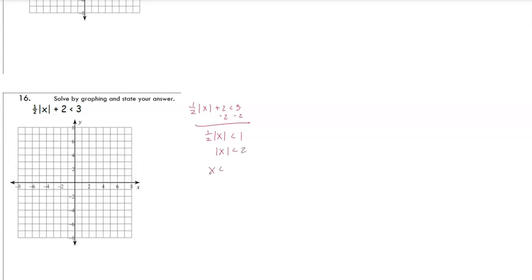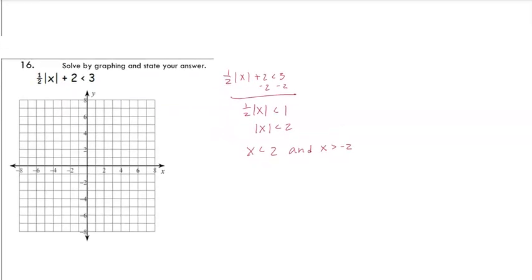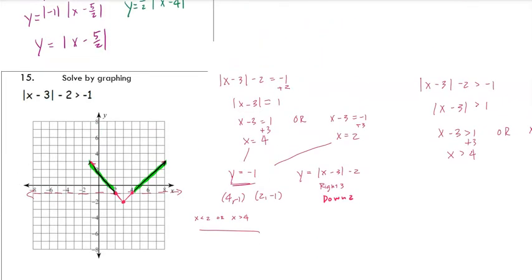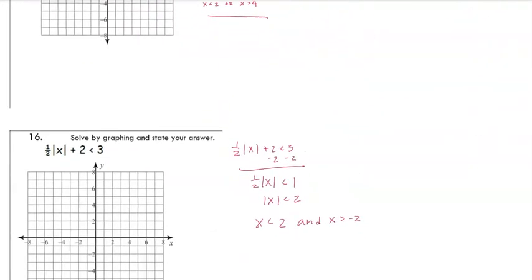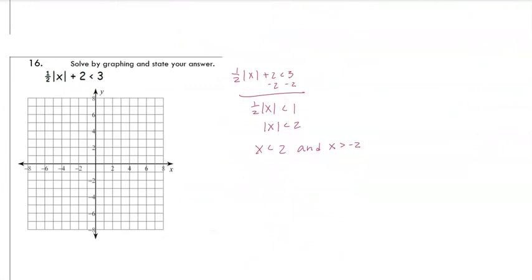So x is less than 2, and x is greater than negative 2. Now that's going to help you out because that's actually solving it, like where I actually solved it up here. Instead of doing that when you graph, you actually solve the inequality. I'm sorry, I'm coughing so much.